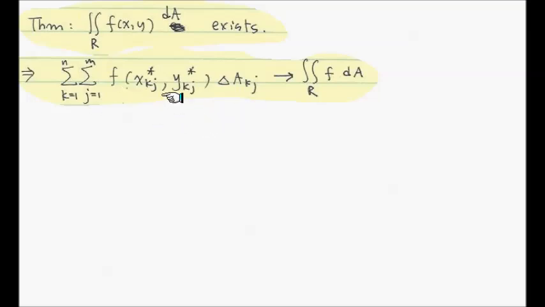From each rectangle, you choose arbitrary sample points, indexed by k and j, and compute this sum, which represents the sum of the volumes of the tiny buildings. This approaches a common number, no matter however and whenever we partition, as long as it's getting refined enough. It's always going to the same number. If that's true, we say this exists.